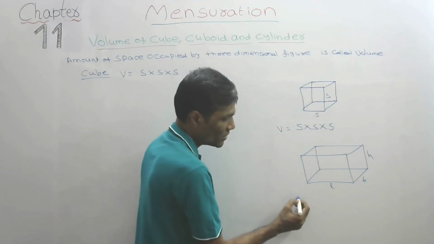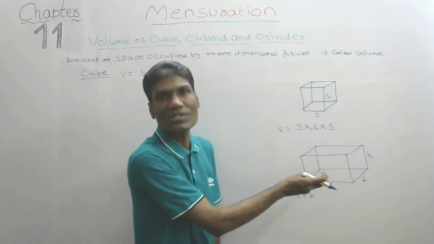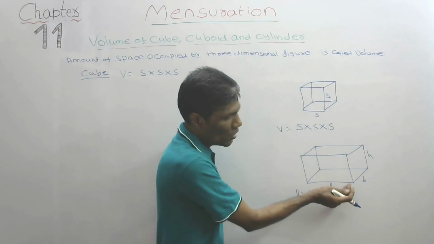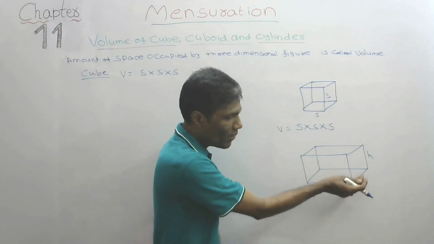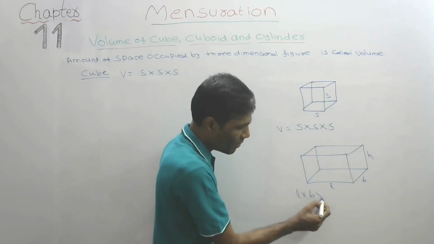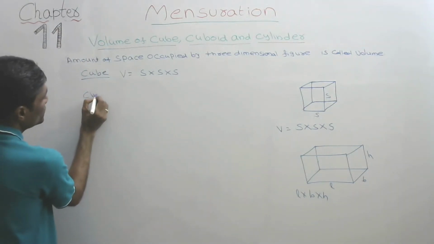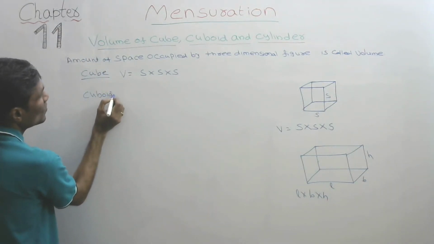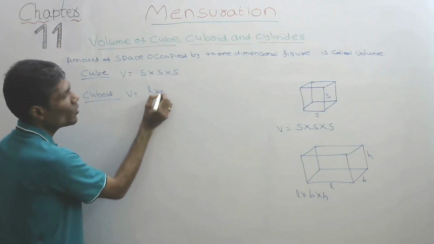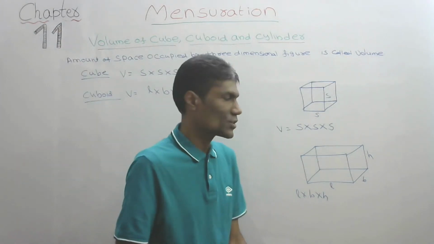What is the area of the base? L into B. Why? The shape is a rectangle. Area of a rectangle is length into breadth. Now, to get the volume, we will multiply the area of the base into height. So, we will be multiplying with H. So, for a cuboid, volume will be L into B into H. Simple. L into B into H.